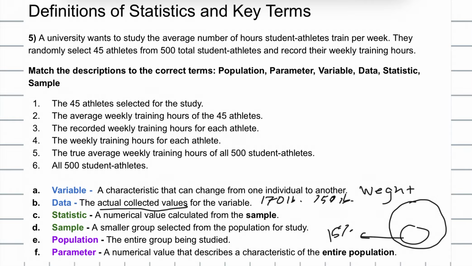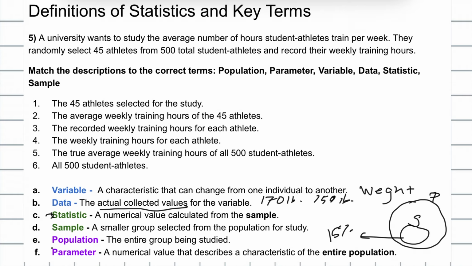Let's say the population is animals, and the sample of animals being studied are dogs, and you make a statement about dogs after evaluating dogs: 15% of dogs are this type of breed. I don't really know breeds of dogs. So that's a statistic, a numerical value from the sample.